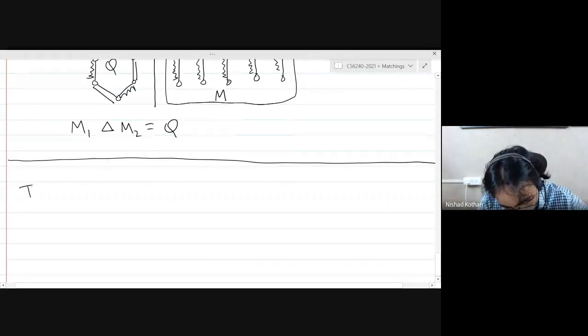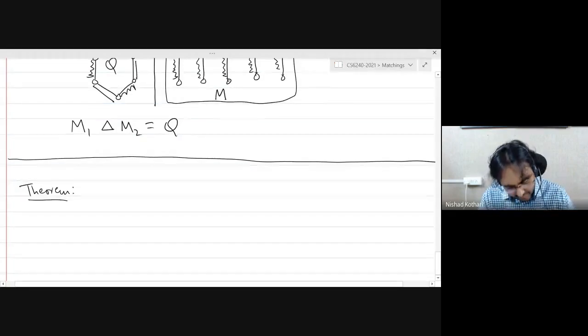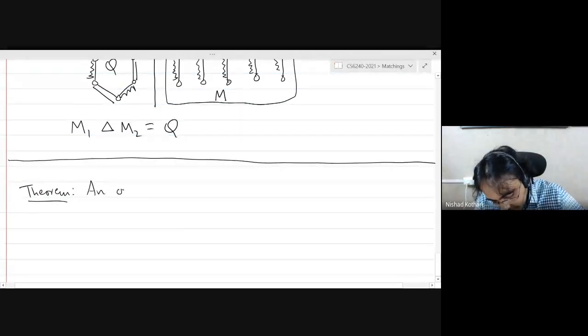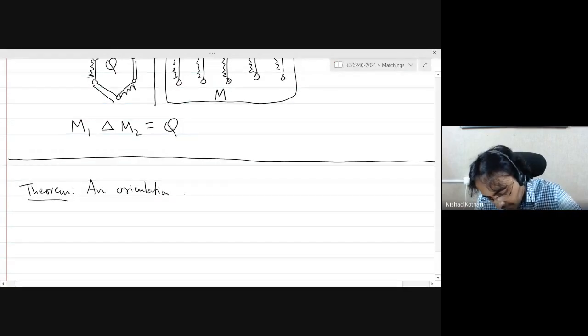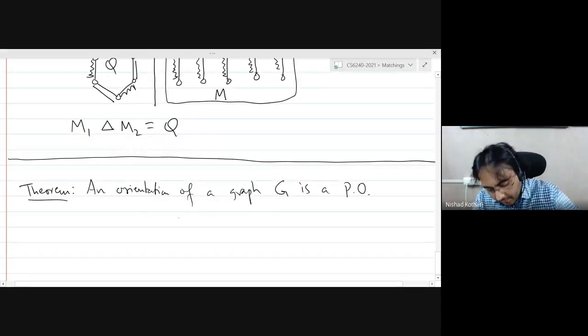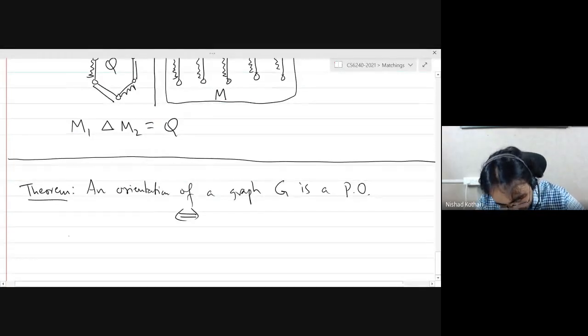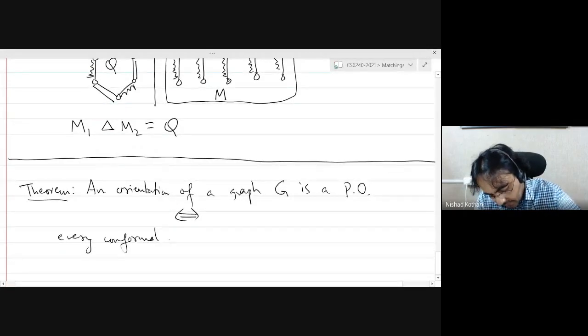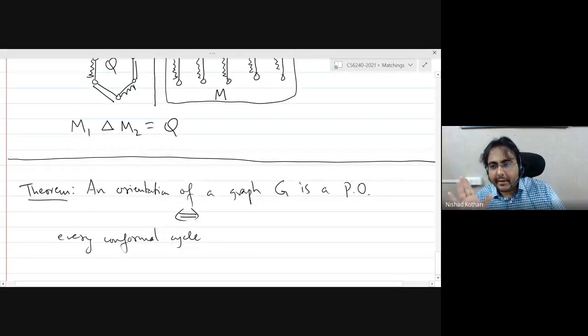So the theorem, I will have to check who this is due to, but it's a well-known thing in Pfaffian orientations. An orientation of a graph G is a Pfaffian orientation if and only if every conformal cycle, notice that we are not making any reference to perfect matchings of the graph.